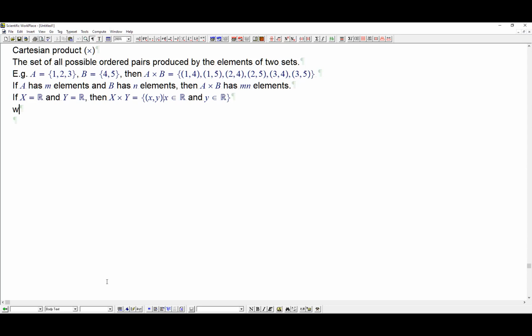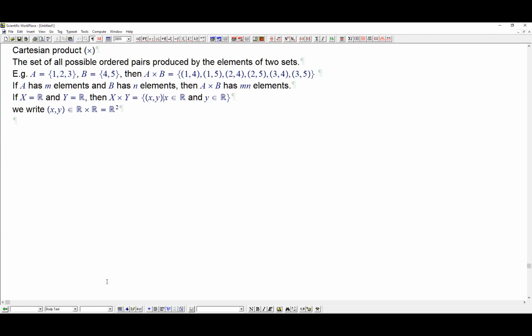How do we write this? We write (x, y) is an element of R cross R, which is equal to, how do we write it? If you have seen this in some mathematics context, R squared.